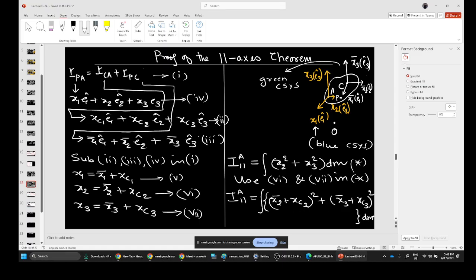This is what it will become. Right? Now let's expand the square terms on the right hand side. (a plus b) whole square will be equal to a square plus b square plus twice ab. Using that formula, let's expand both the square terms on the right hand side.